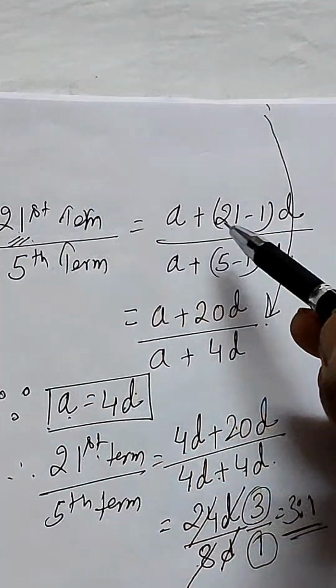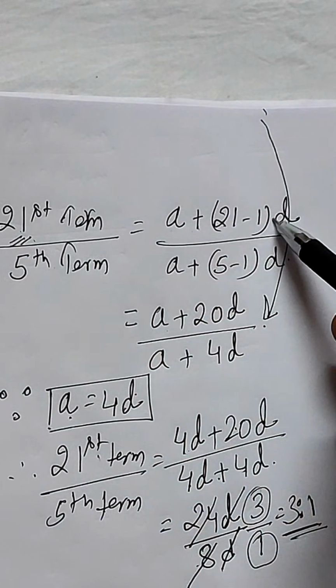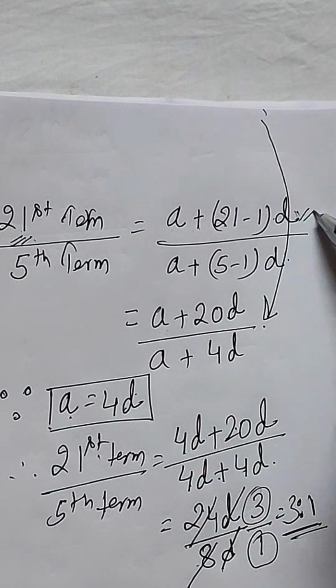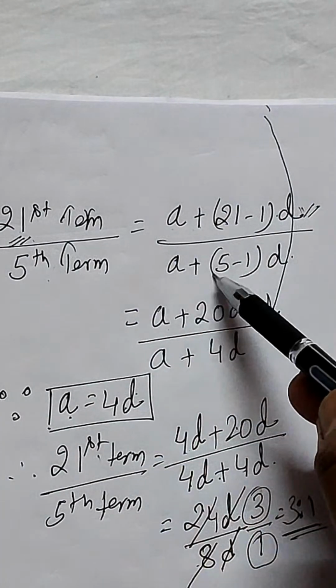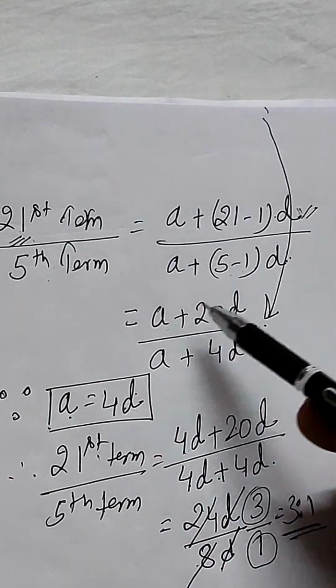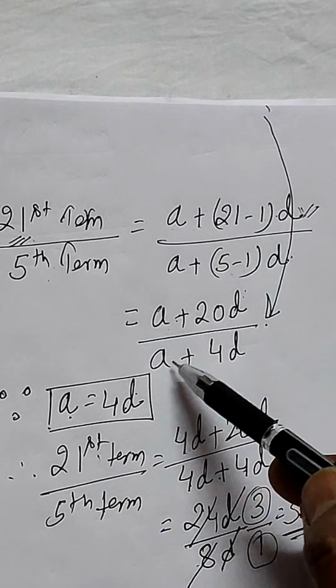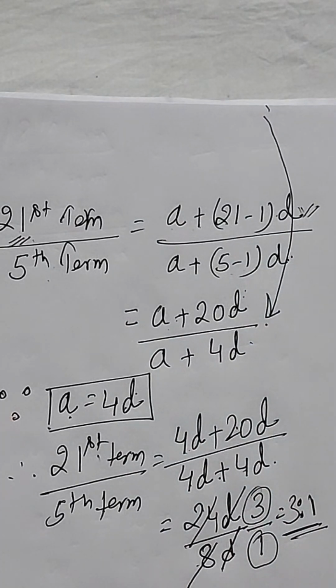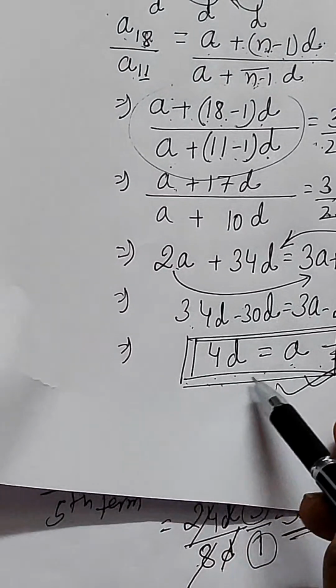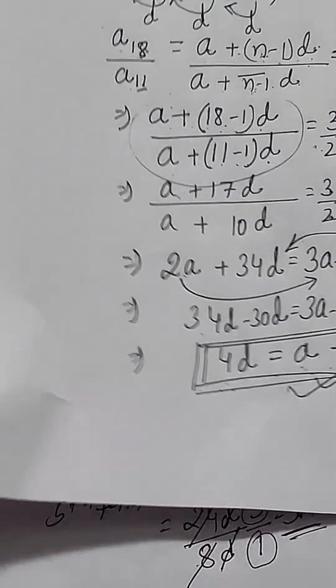For n equal to 21, it is a plus n minus 1 into d in the numerator, that is the 21st term, and the 5th term is given by a plus 5 minus 1 into d. This will give you a plus 20d by a plus 4d. Just use the relation 4d equal to a, which we have derived now, right?